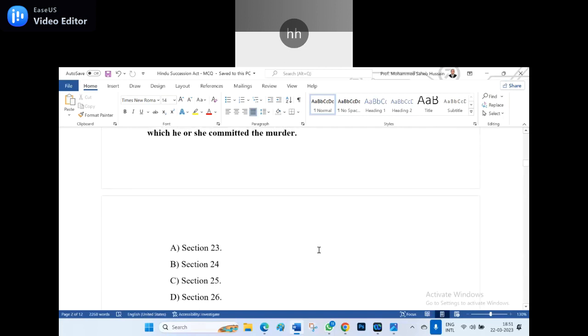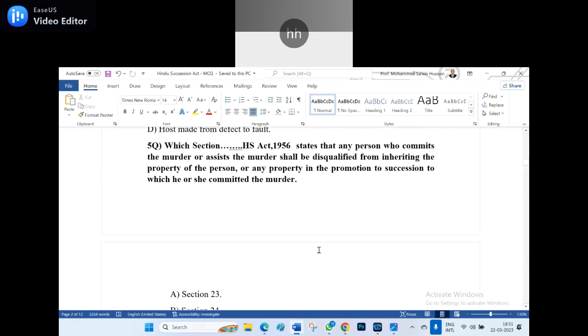Options: A, Section 23; B, Section 24; C, Section 25; D, Section 26. Section 25 is the right answer. Section 25 disqualifies one who murdered the karta, the main person, father, parent, owner, anyone, for the sake of getting the inheritance.